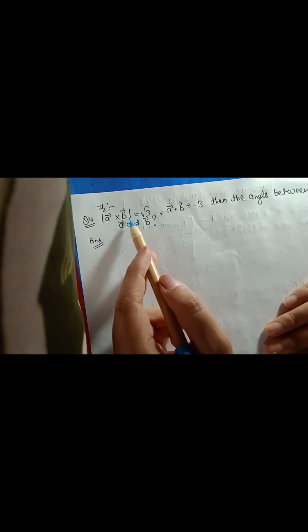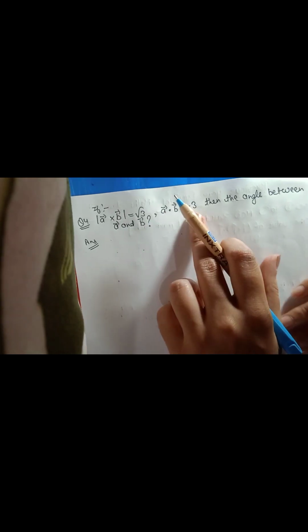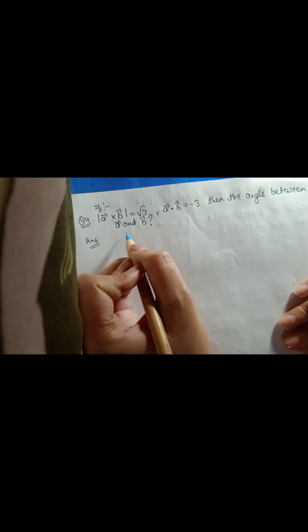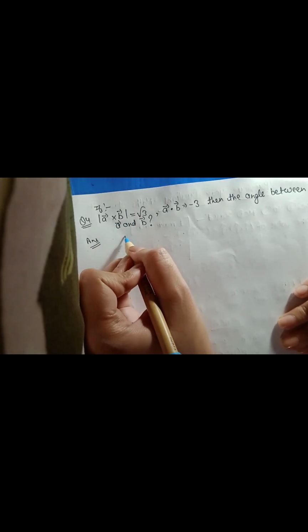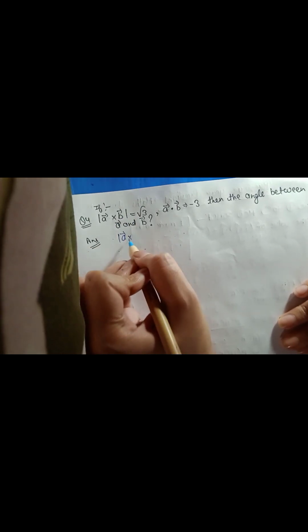Okay, this is the fourth question. The magnitude of a vector cross b vector is root 3, and dot product of a and b is minus 3.